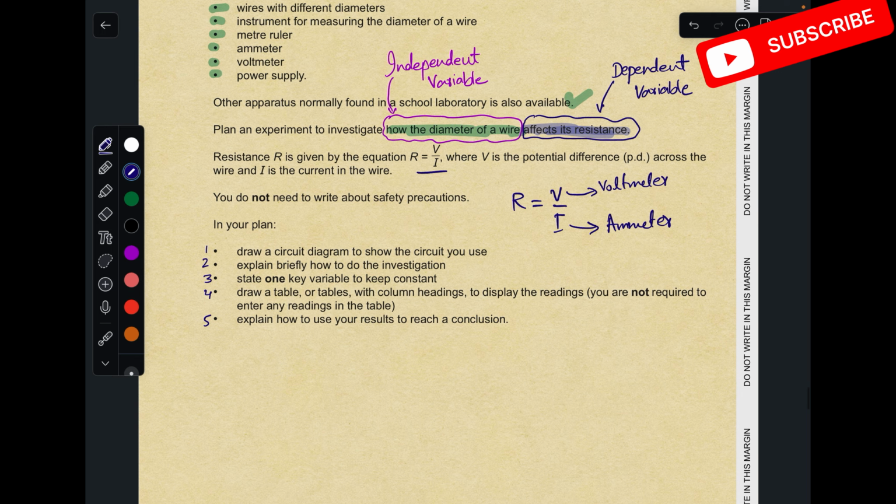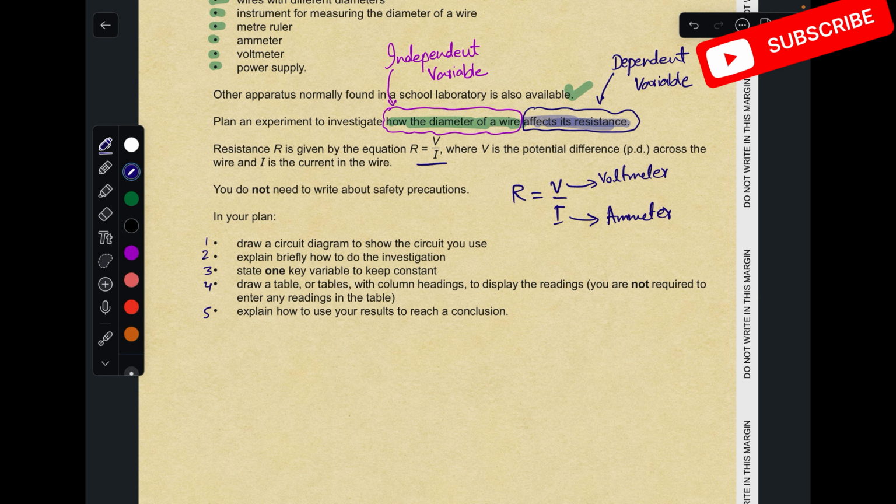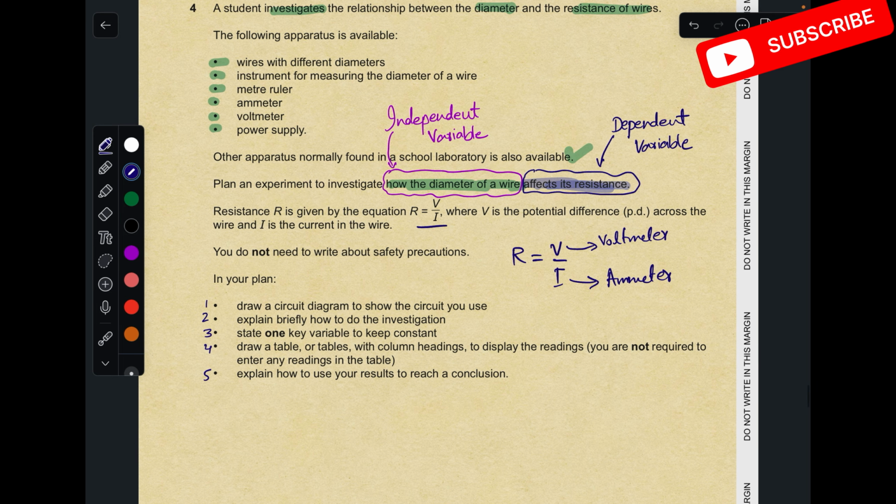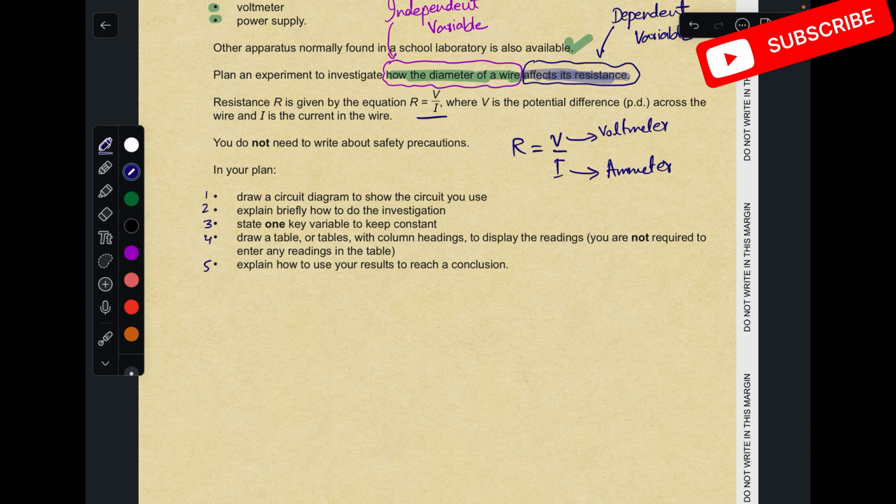So first, let's start with the power supply. Let's draw the power supply here. This is the power supply. You can draw the battery as well, and this power supply should have an ammeter installed in series, and there you have to place the wire.